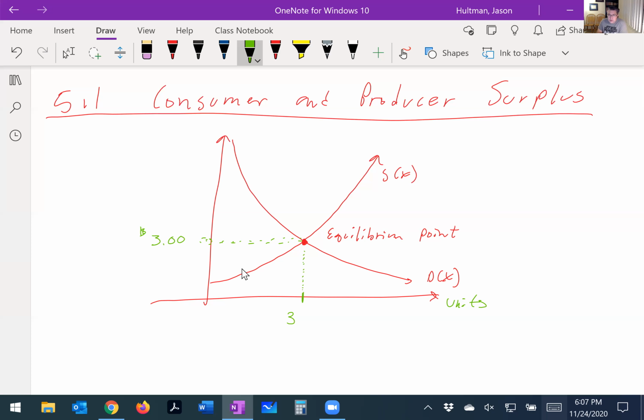So for 3 cantaloupes, maybe $3, right? But if you're only buying 1 cantaloupe, you don't have as much bargaining position, right?